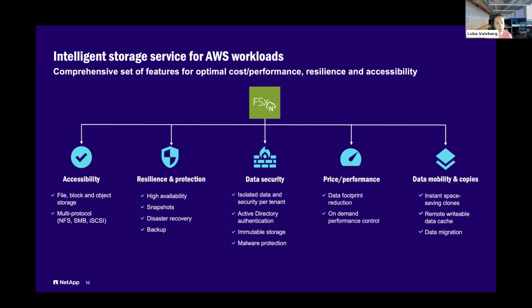But in today's session, we're going to talk about resilience and data protection. We're going to talk about FSx for ONTAP features that are enabling all this when it comes to high availability, disaster recovery, backup, and much more.